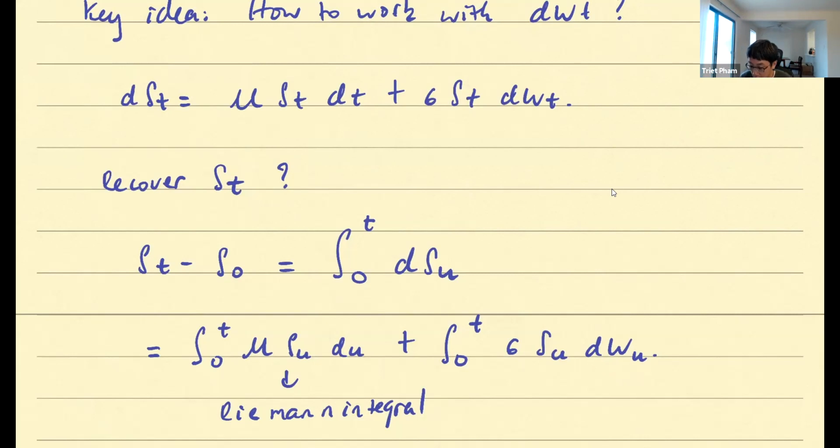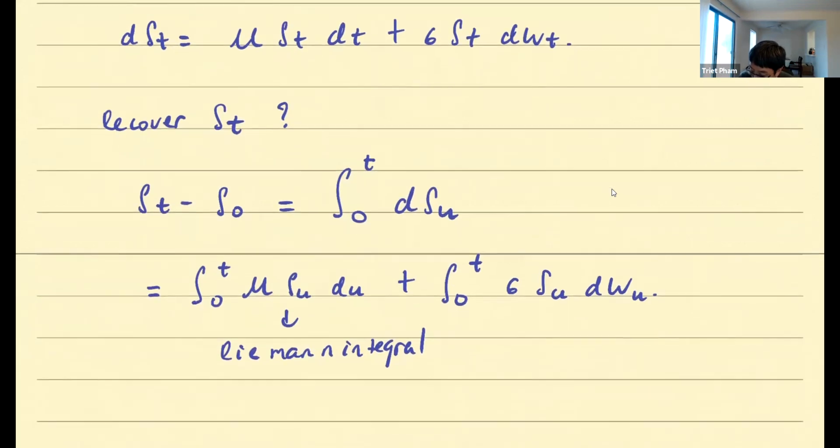But in practice, this object is pretty bad. In what sense is it pretty bad? It's pretty complicated to deal with exactly because Wt itself is nowhere differentiable.